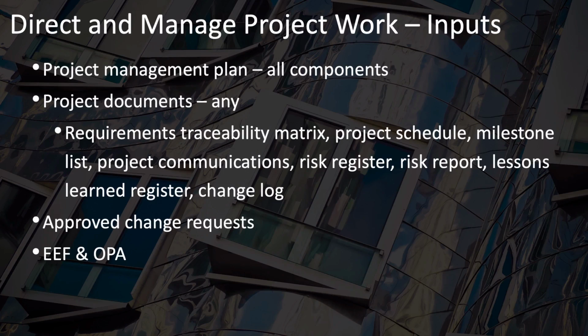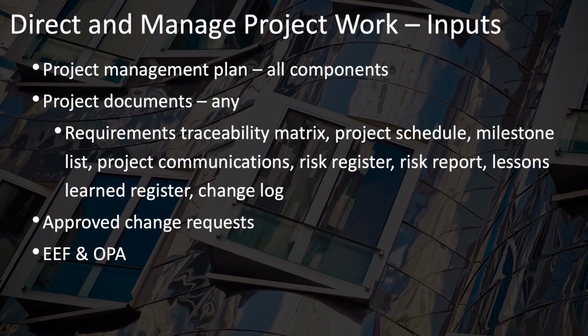As you can imagine, the inputs to the direct and manage project work process are just about everything. Everything that you've generated so far, all of the components of the project management plan, pretty much any of your project documents. There are a few specific ones listed that are quite common, such as the requirements traceability matrix, the project schedule, your milestone list, your project communications, risk register, risk report, lessons learned register, even your change log.